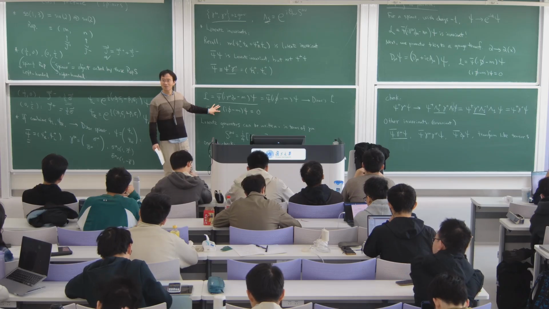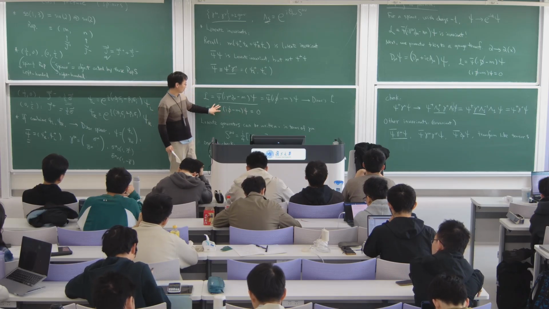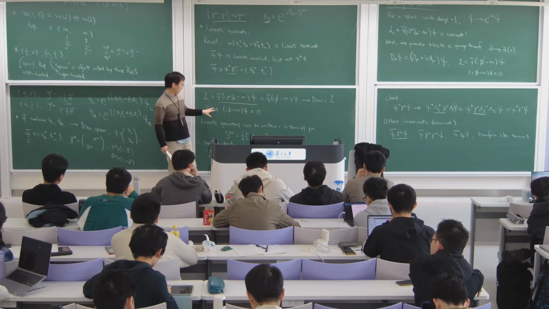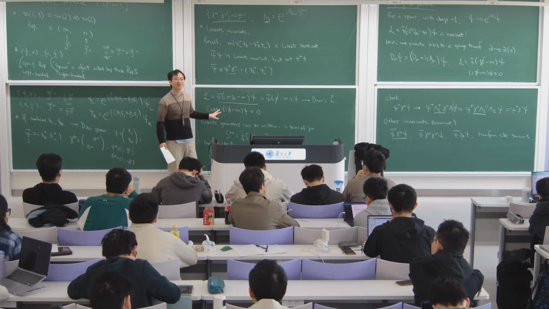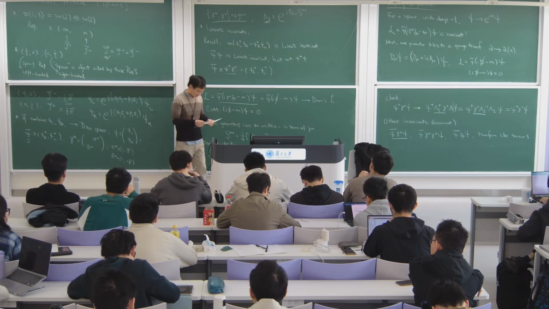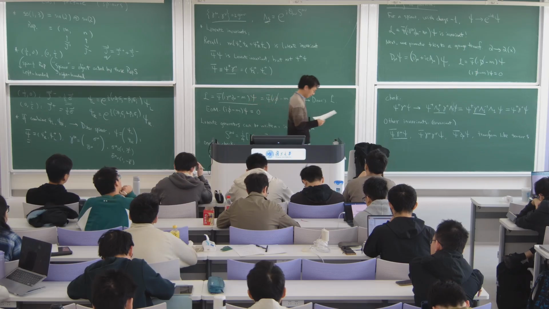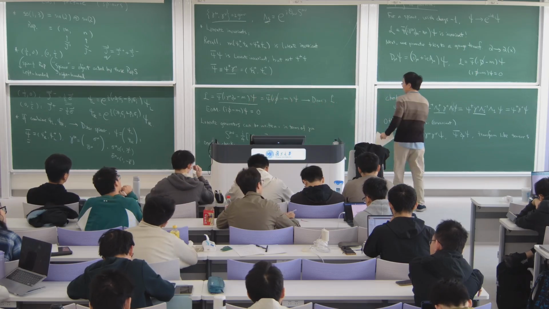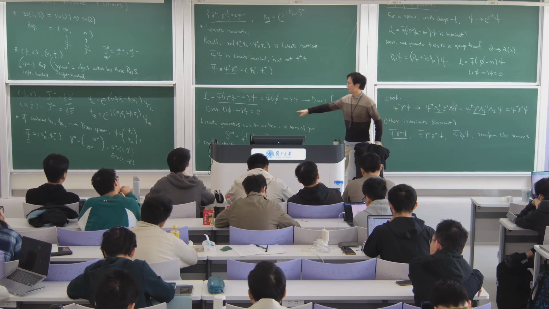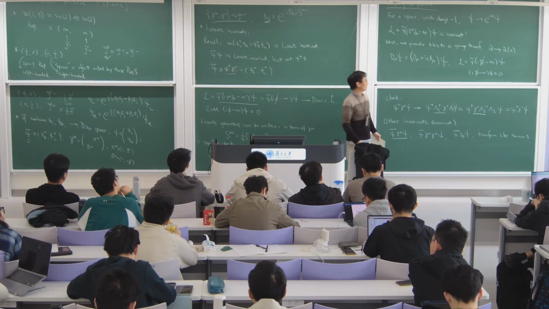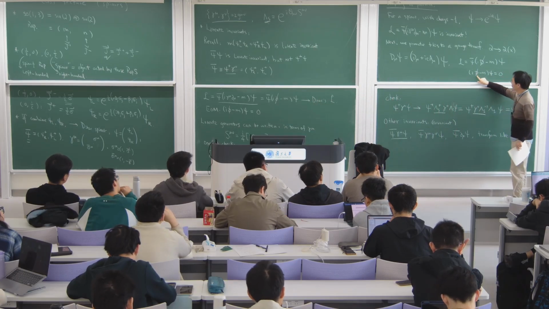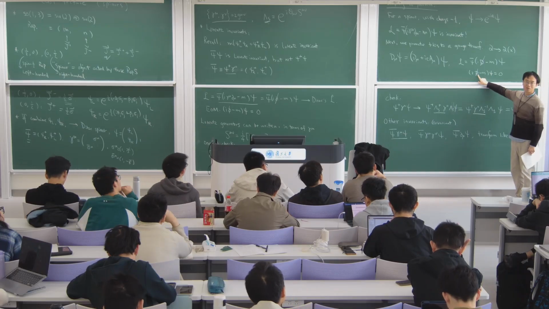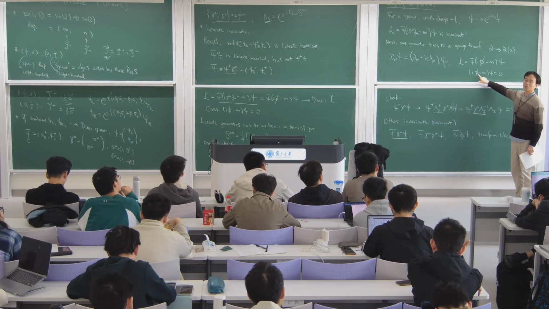If you multiply by i partial-slash plus m from the left, you get precisely the Klein-Gordon equation. Now we couple it to the photon, improving this ordinary derivative to the covariant derivative, so we can do the same exercise.